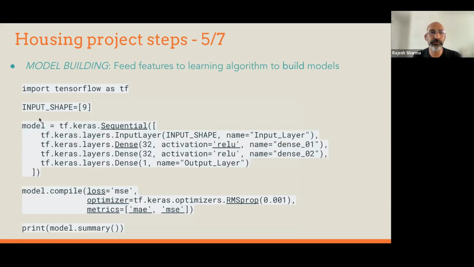So the way to do this in TensorFlow, we are going to use something called Keras. And again, this is not going to be a class on Keras or TensorFlow. I'm using Keras because it aligns well with the way I'm teaching this course.